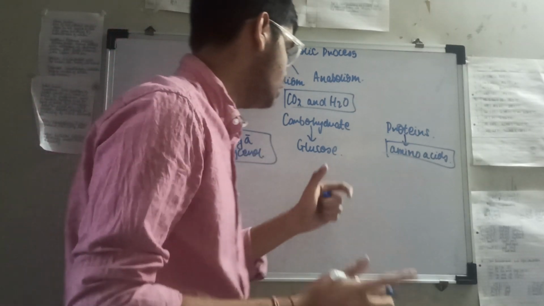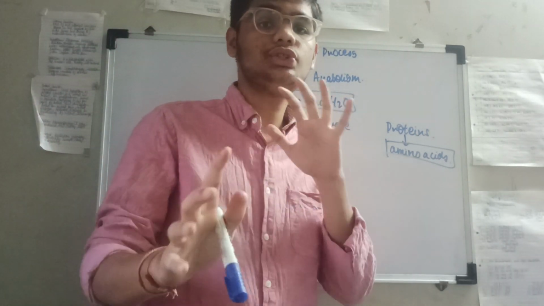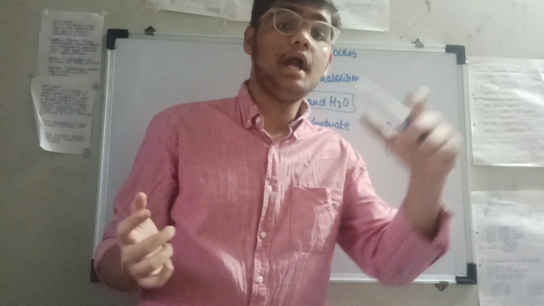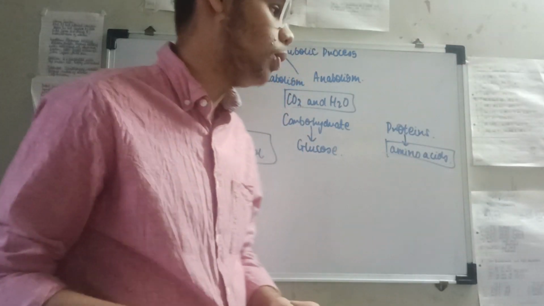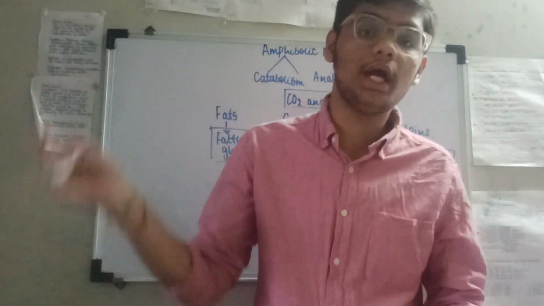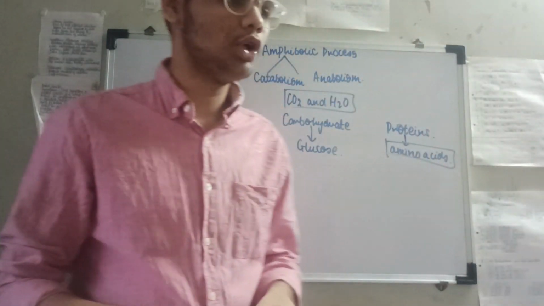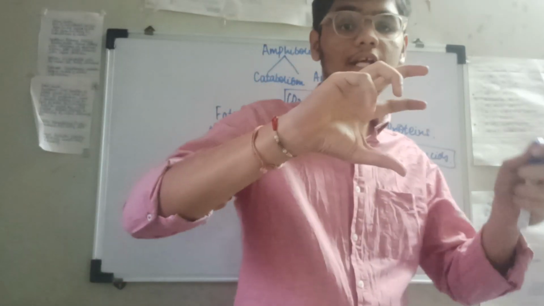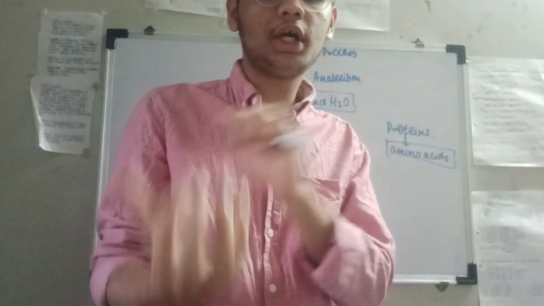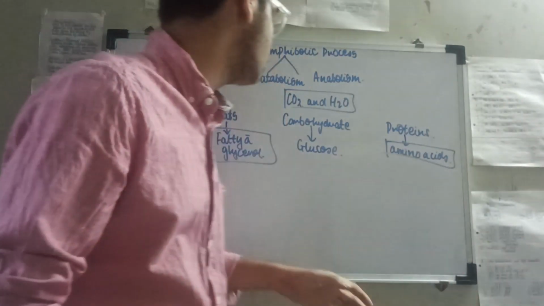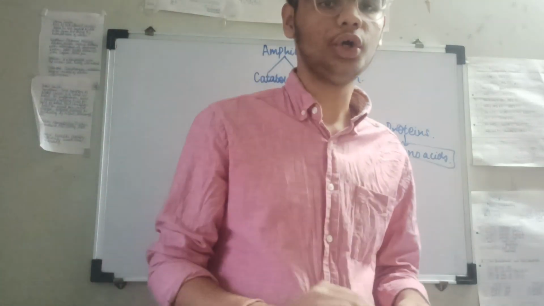Now we saw that glycolysis took place and pyruvic acid was formed. After that, the link reaction took place and acetyl CoA was formed. After that, acetyl CoA entered the Krebs cycle, giving us the two products, carbon dioxide and water.